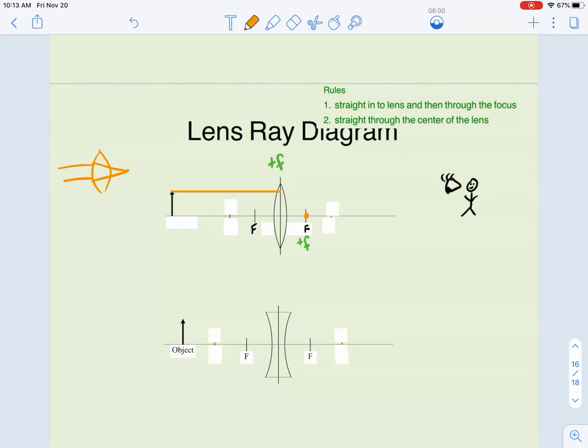Now, if we create an image that is formed over on this right-hand side, if we create an image that comes together over here somewhere on the right, then we also need to figure out what that distance to the image is, or find our DI.